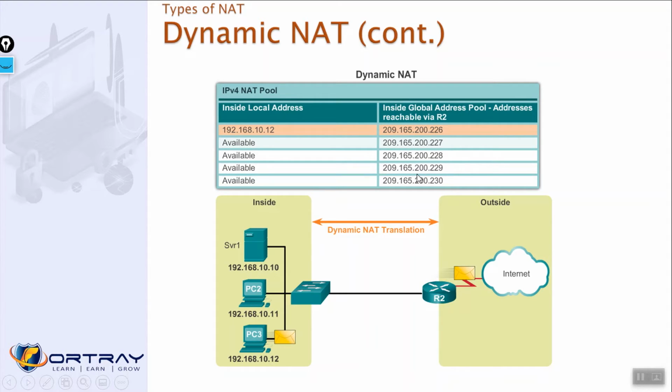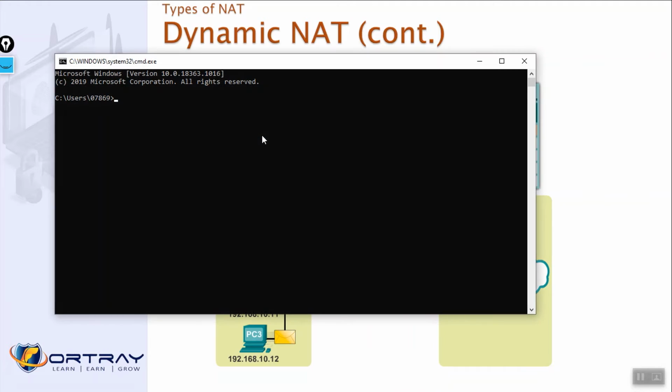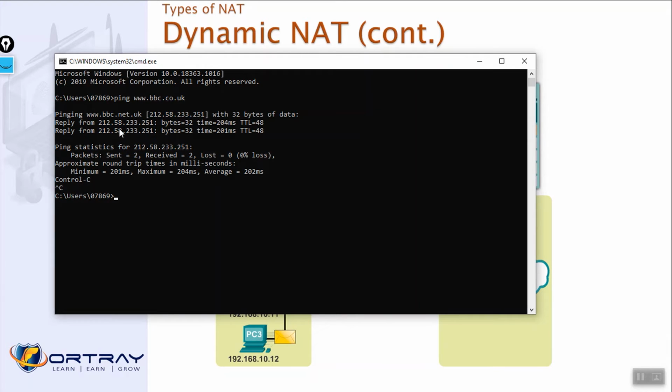Unlike dynamic NAT, static NAT is just one-to-one mapping. Every time you go out, there is a guarantee you will get this IP. So the benefit is that if somebody outside wants to access this server, this public IP address, he will be translated back to this all the time. For example, when I go to bbc.co.uk, this server is translated into 212.582.33251.